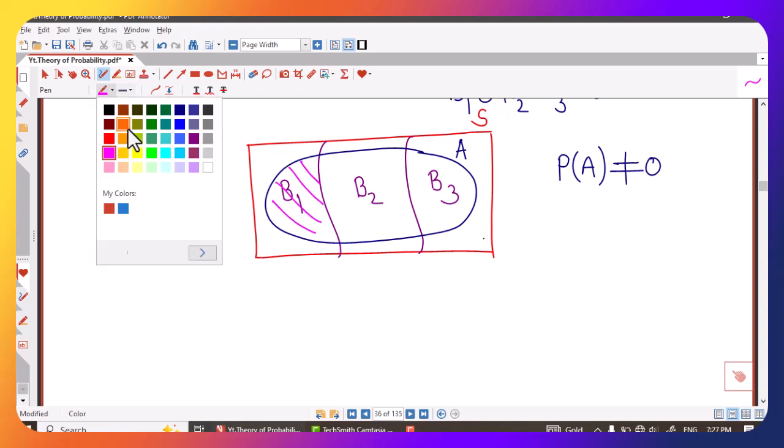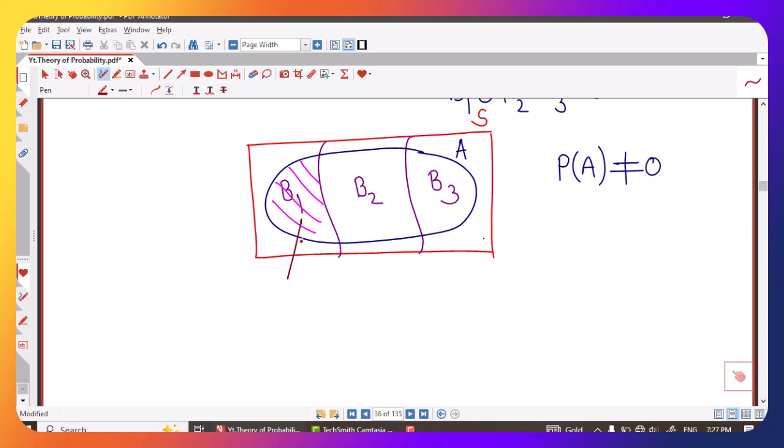then this portion is nothing but intersection of event A with B1. Similarly, if I consider this portion, then we can say that this part, I am not considering whole event B2, but I am considering this portion. This much portion is intersection of event A and event B2.